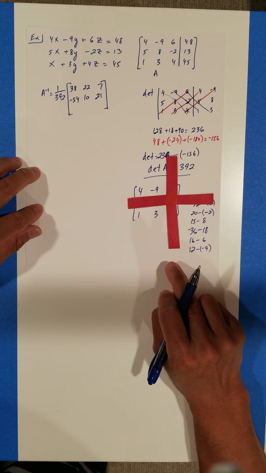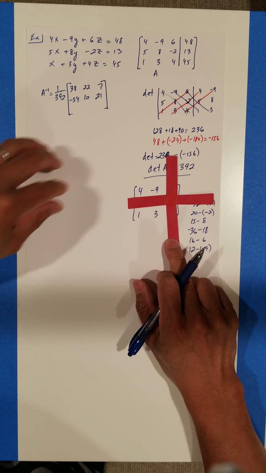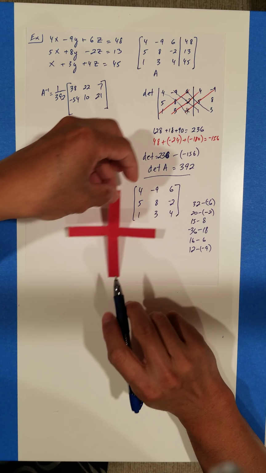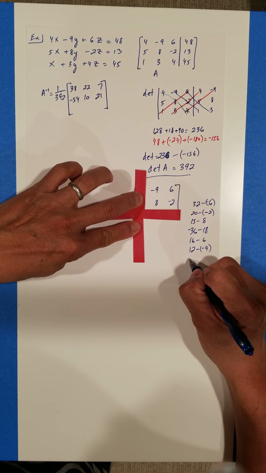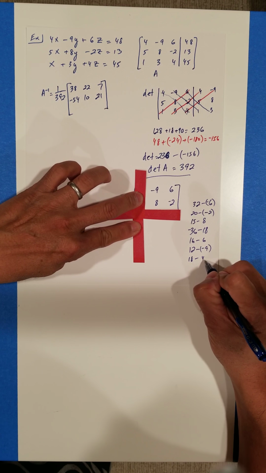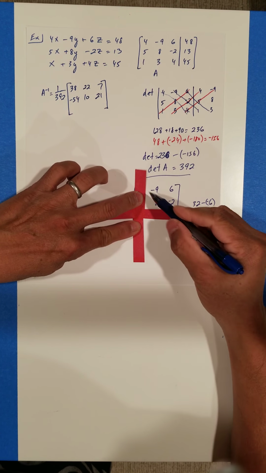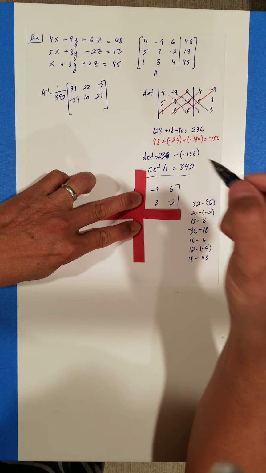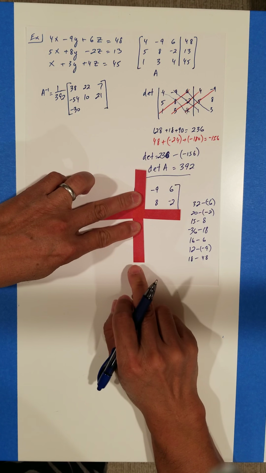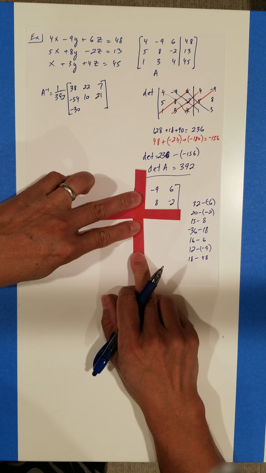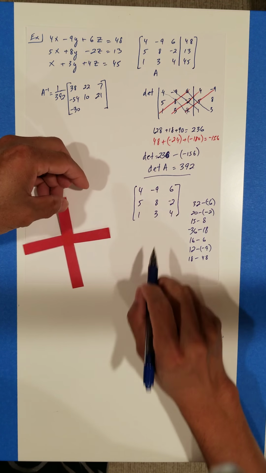Okay, now let's move on to the next element. 1. Cover up the row and column. Okay, I'm going to get 18 minus 48. I'm looking at negative 30. Okay, next is 3.